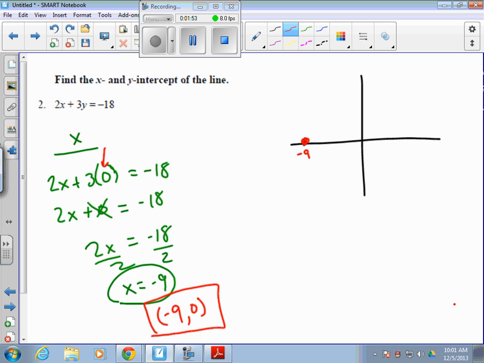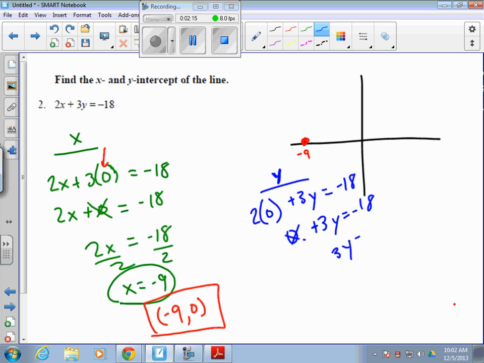In order to find the y-intercept, you do the same thing, except now instead of plugging in 0 for y, you're going to plug in 0 for x. So 2 times 0 plus 3y equals negative 18. Again, 2 times 0 is 0, plus 3y. So you eliminate that part of the problem, and it's just like saying 3y equals negative 18.